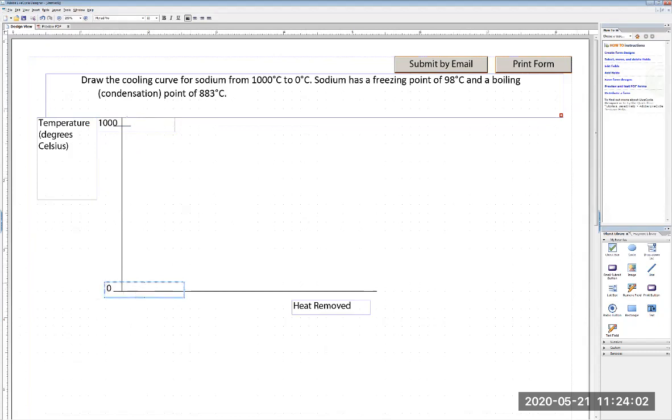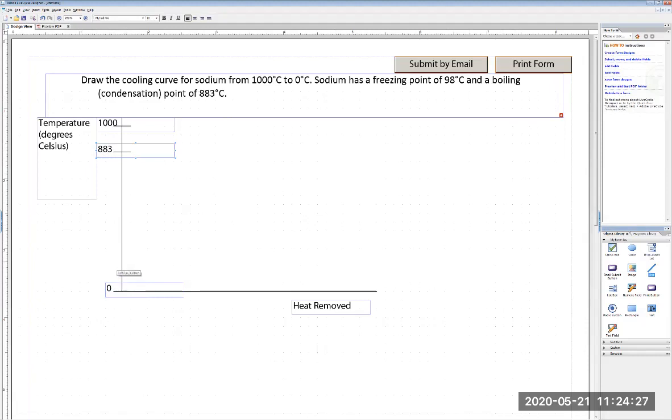Then we will have 883. So let's put it here. 883. And we have 98 otherwise, so 1/10 of this.